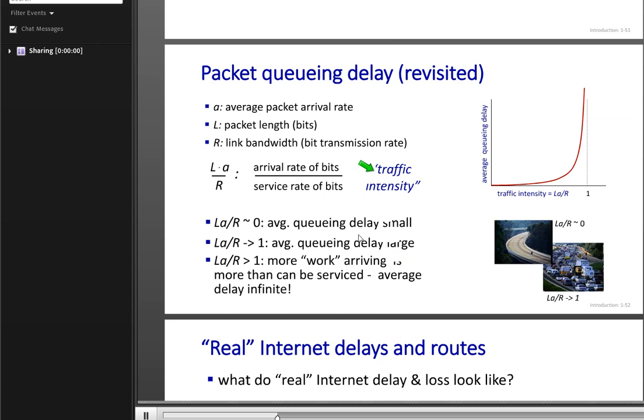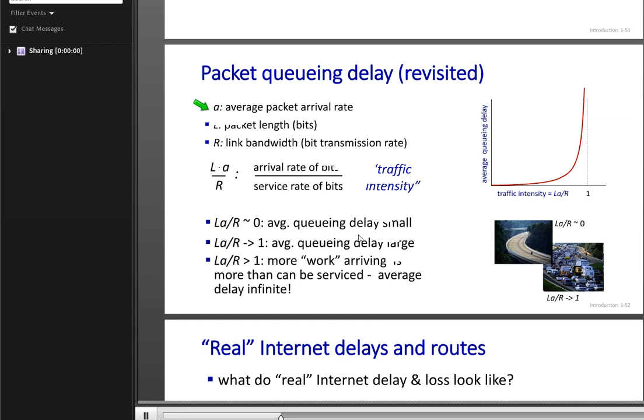Traffic intensity. Until now, we talked about delays. And among the 4 delays, we said that the queuing delay is the most important one because it depends on the length of the queue. But how? We didn't talk about it.